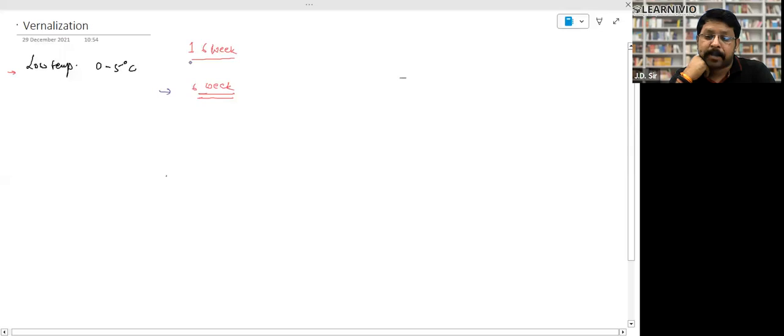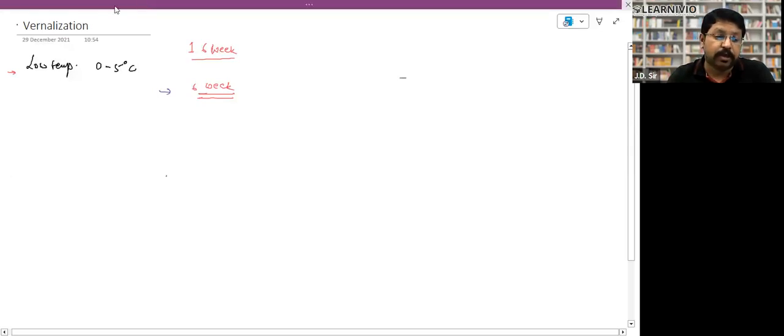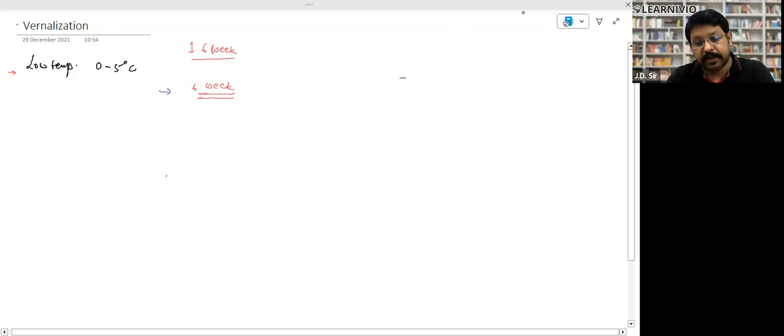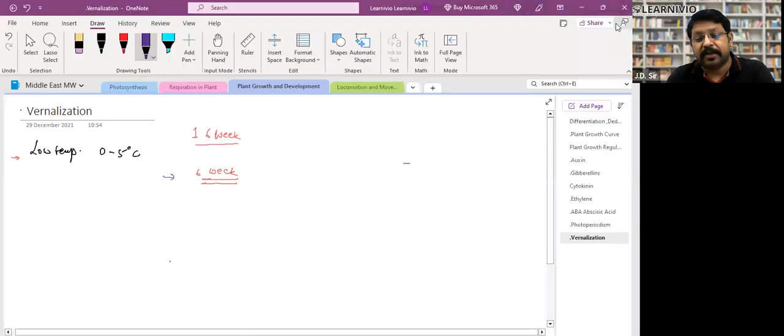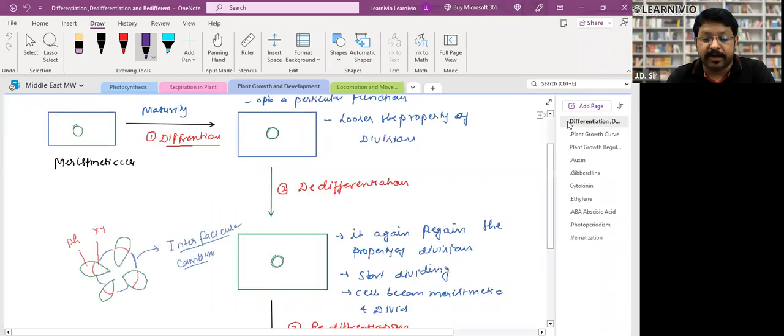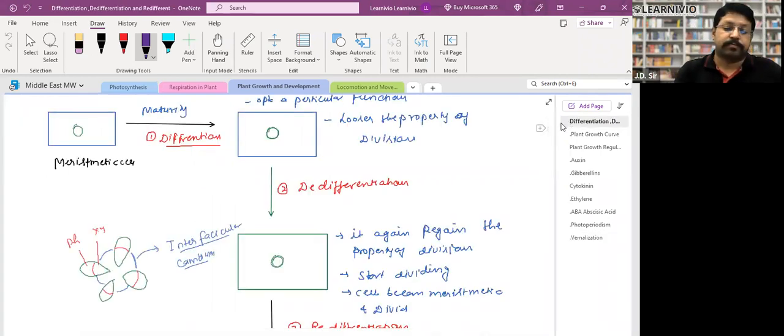Yes, sir. And what is the temperature for vernalization? 0 to 5 degrees, right? So we have completed this chapter as well, and go through the NCERT. If you have any doubt, please ask me now.